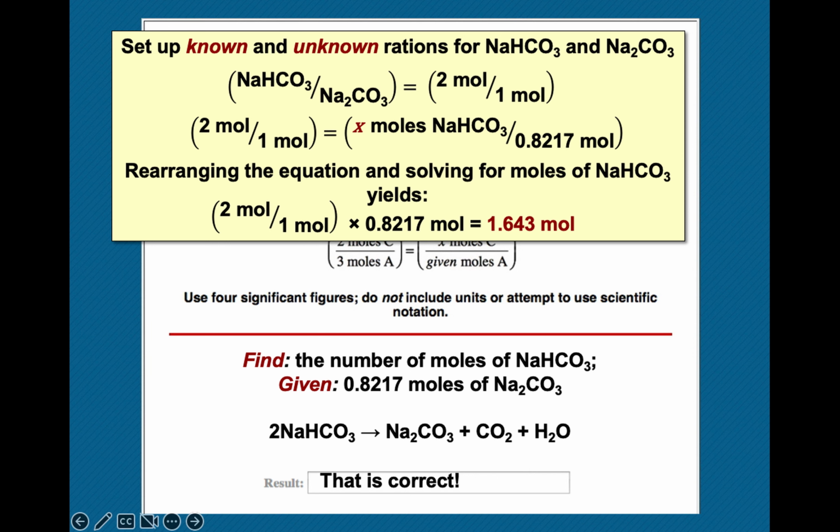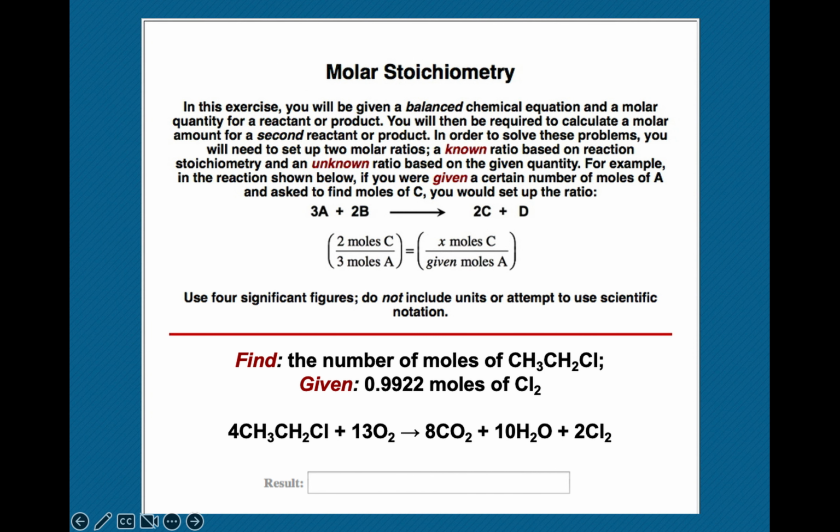Let's look at another one. Here we have chloroethane reacting with, and we're linking that to chlorine. Now, look at this equation. Isn't that a nightmare to balance? Yes, it would be a nightmare to balance. Nonetheless, we can look at this, chloroethane and chlorine, 4 and 2.